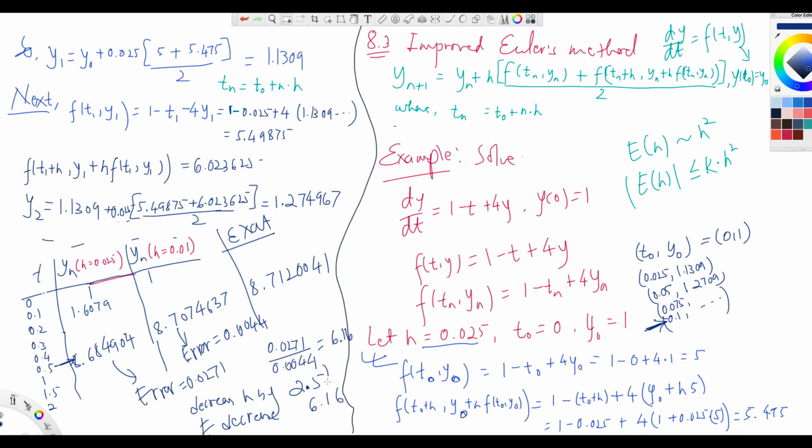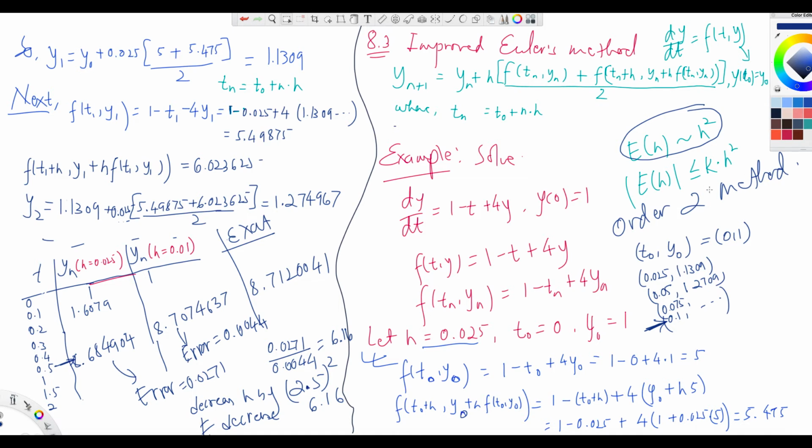It is almost the square of that. 2.5 squared is 6.25, almost that. So what I wanted to say here is, the improved Euler method has error of order h squared, meaning if you decrease the step size by a factor, the error will decrease by almost the square of that factor, meaning it will be smaller than k times h squared. That's why we call this an order 2 method.